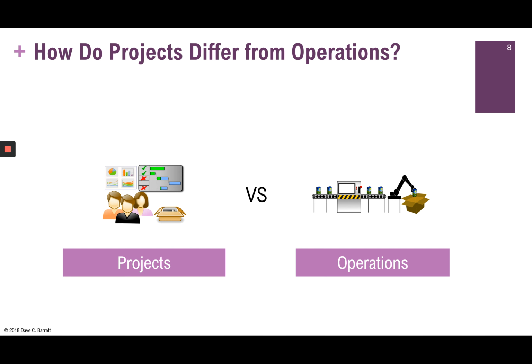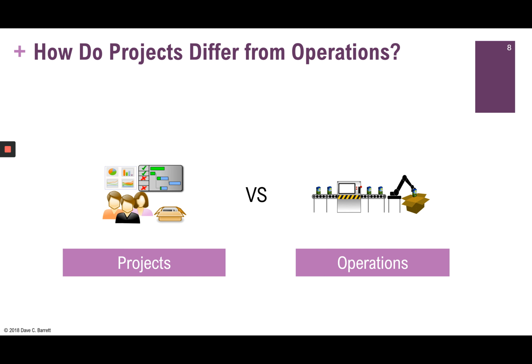So think of a car company, for example. If we think of Toyota as an example, a project would be perhaps a new design, a new model, a new feature that's going to be put into their latest Corolla, for example. The operations is the production line, where each car is produced on an ongoing basis, and each car is meant to be identical to the previous. So those are the two divisions.